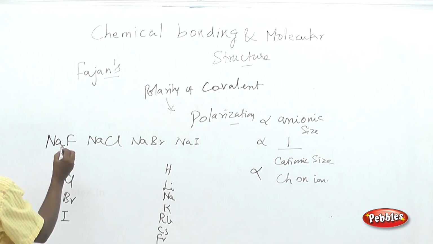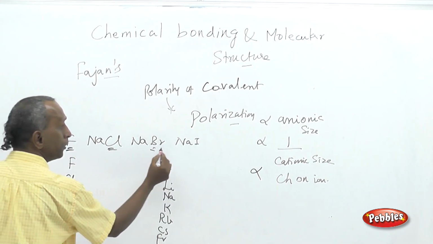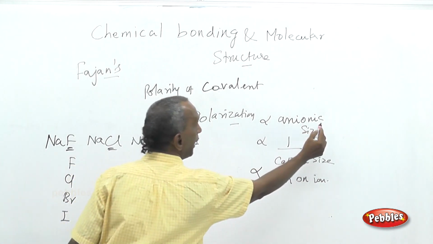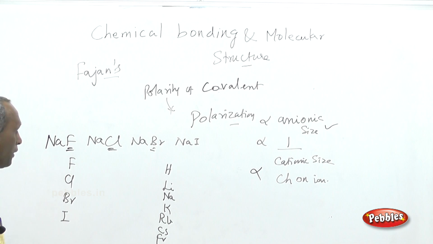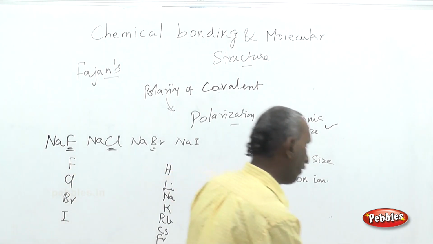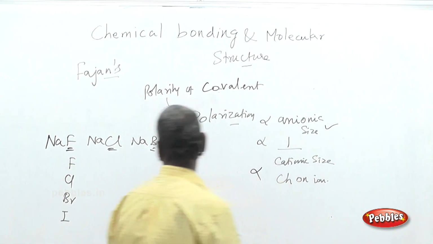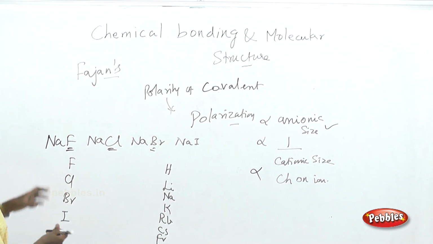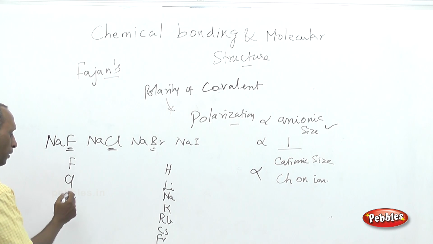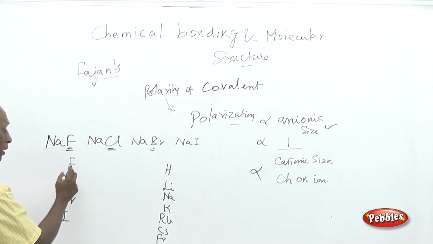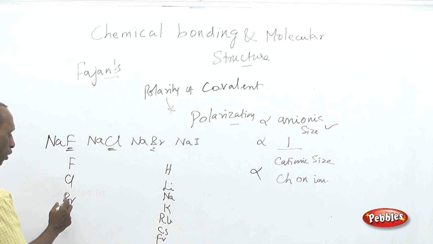So, this compares the anions. Polarization is directly related to anionic size. Here, from sodium fluoride to sodium iodide, the cation is common, only sodium. But the anions correspond to the elements fluorine, chlorine, bromine, iodine.